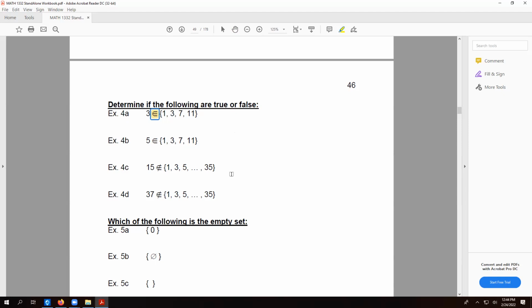15 is odd, but you see that slash through it? That means 15 is not an element of that set. Is that true? That would be false because we just said 15 is in there, right? And 37 is not in there because it stops at 35.